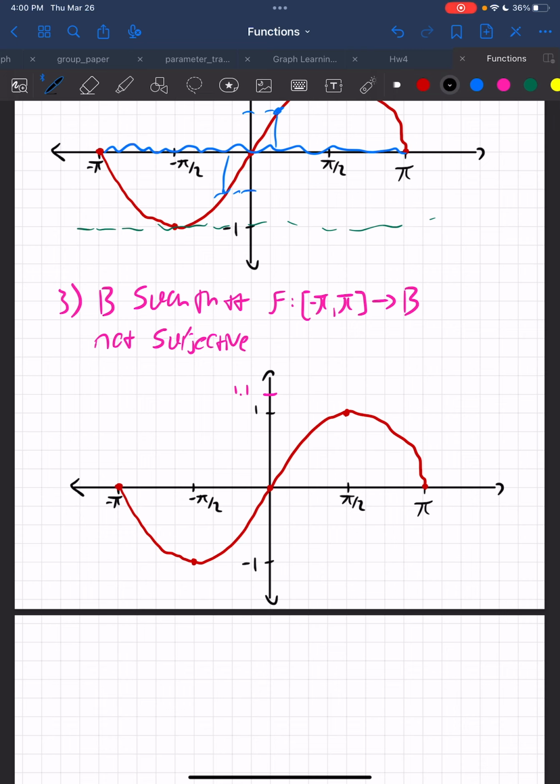So we could say B equals the set of real numbers, or B equals [-1, 1] union just {1.1}. We just need one element for which no input will get sent to that element to get that the function is not surjective.